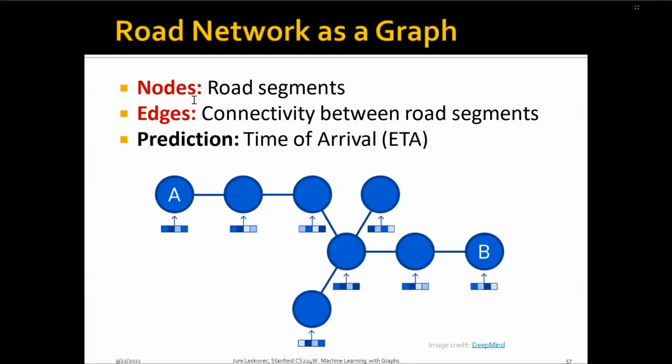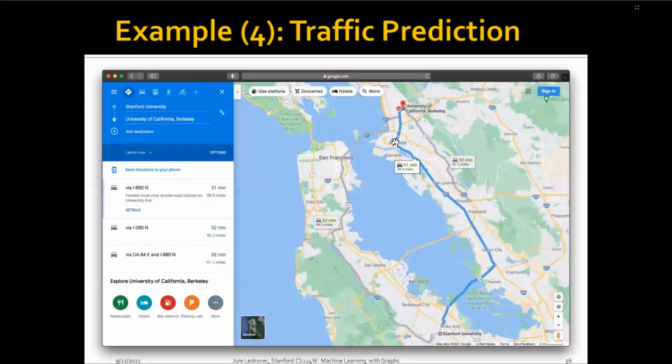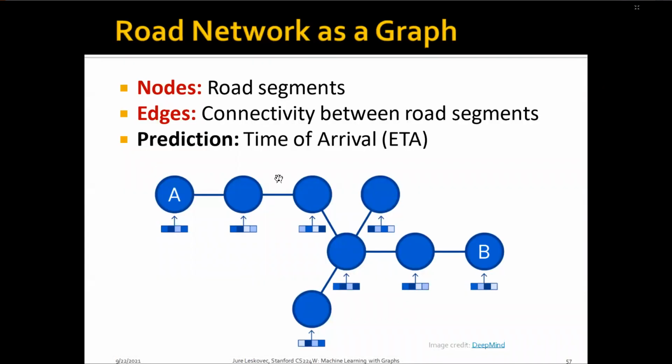The nodes in this problem are the road segments. They actually break down the roads into many segments, so the nodes are the segments, and the edges are just the connectivity between the road segments. If these road segments are connected, then there will be an edge between them.